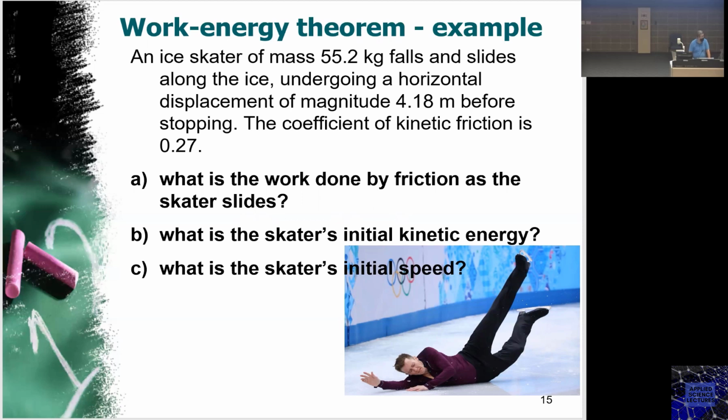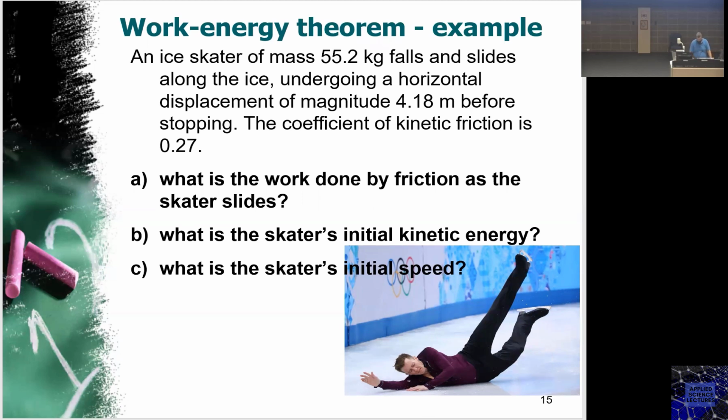So we have an ice skater that has fallen and slid along the ice. The only force he is having is the frictional force. We've been given the coefficient of kinetic friction as 0.27, and the displacement he went, 4.18.